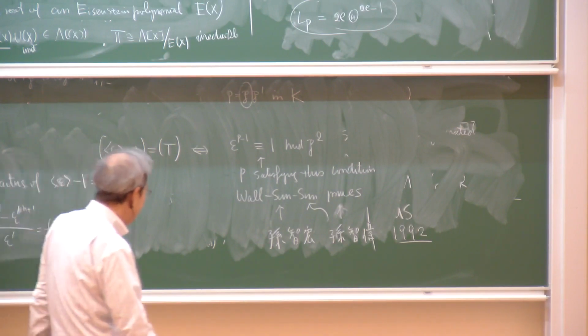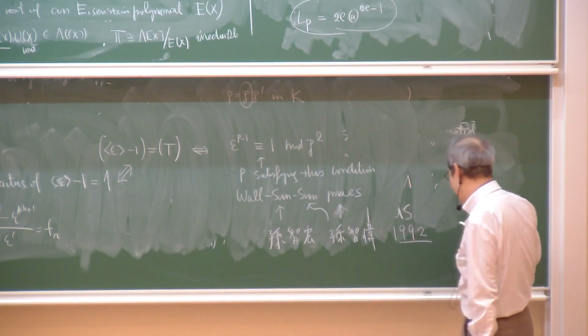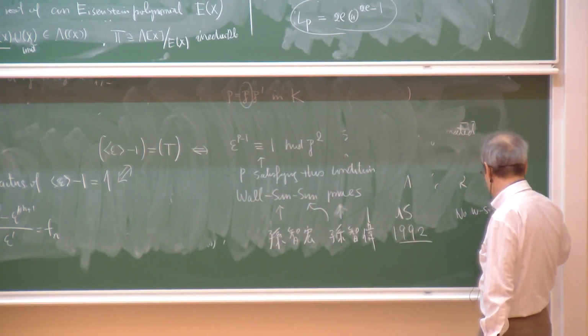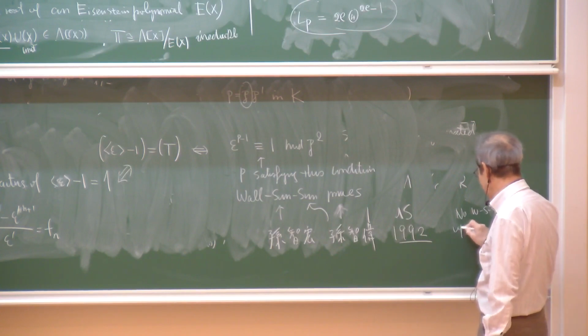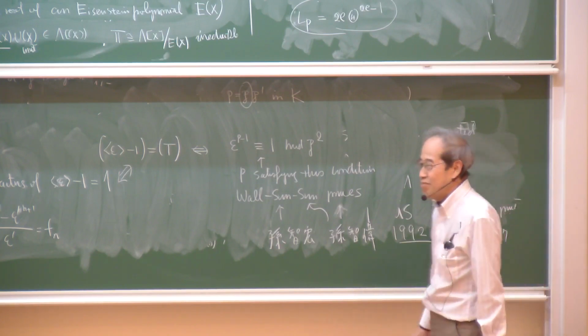And people computed this, and found no Wall-Sun-Sun prime, up to, I think, 9.6 times 10 to the 17 or something.